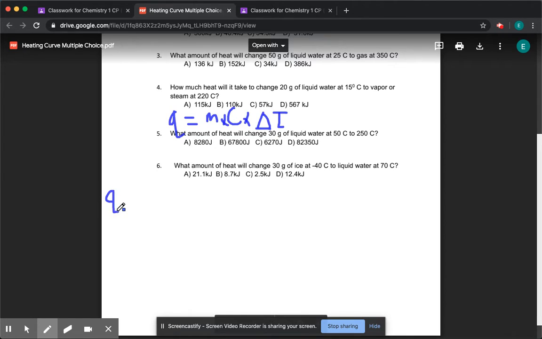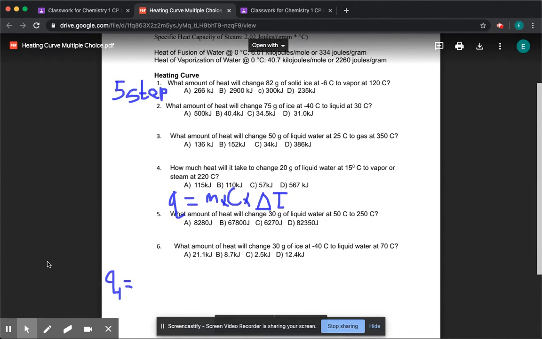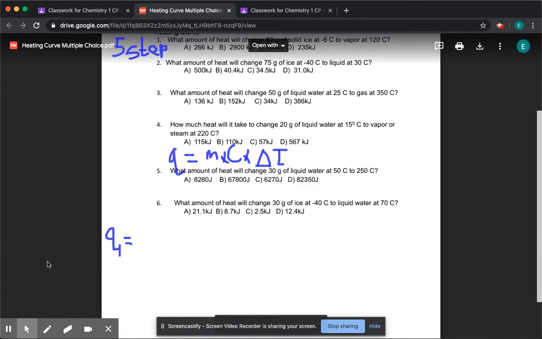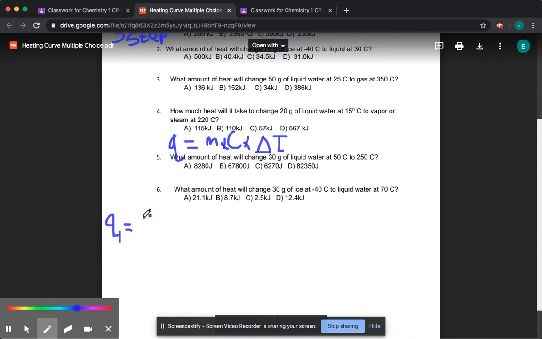So let's do the first step. First step is heating up the ice. How many grams? We have 82 grams, right? So it's 82 grams times 2.06.